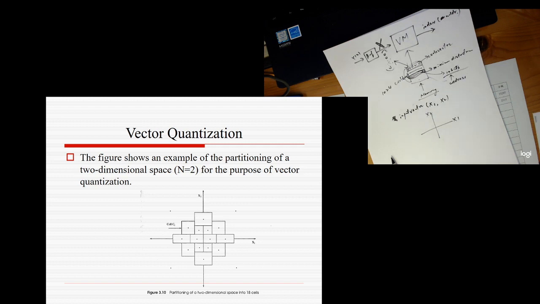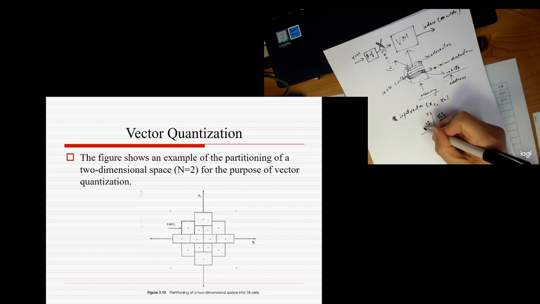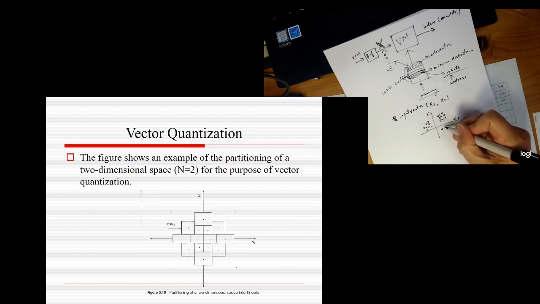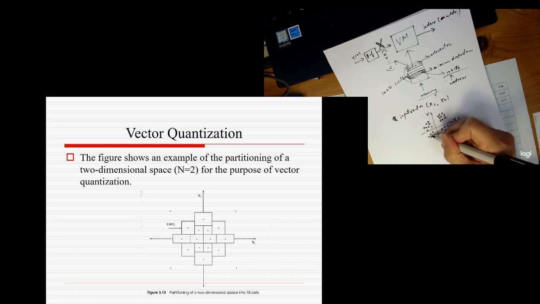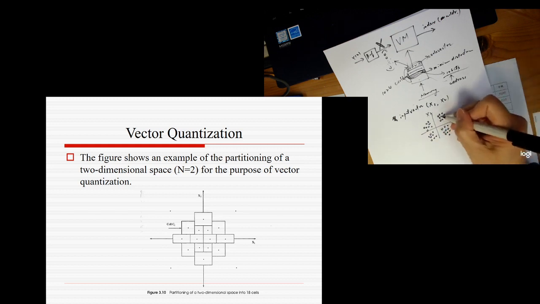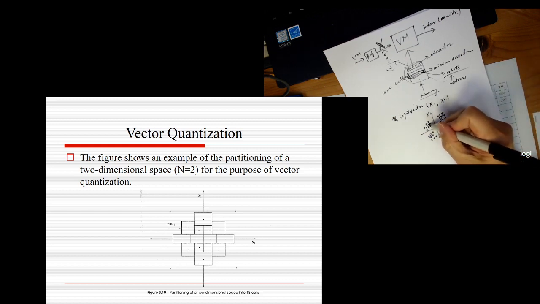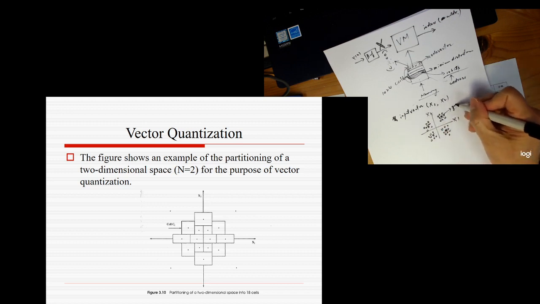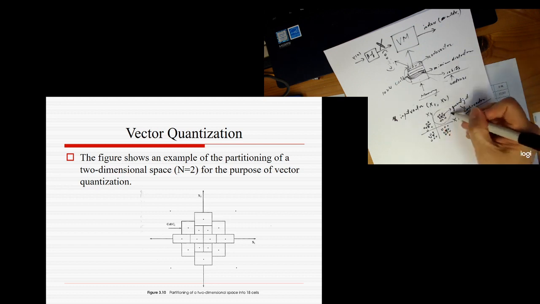If your data, for example, has a distribution like this, with many data points in four quadrants, then this is our quantization code vector. This code vector is in this region, sometimes like a centroid point.